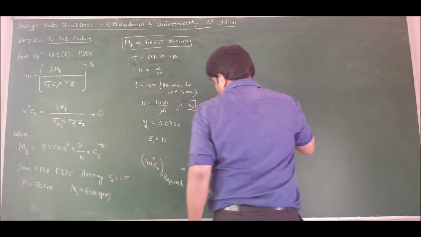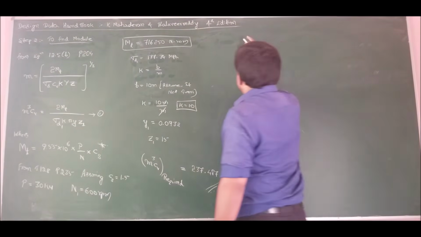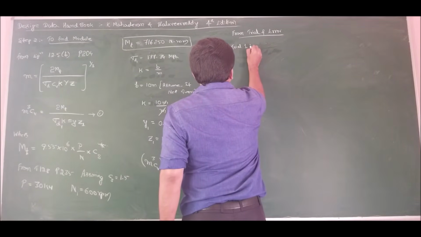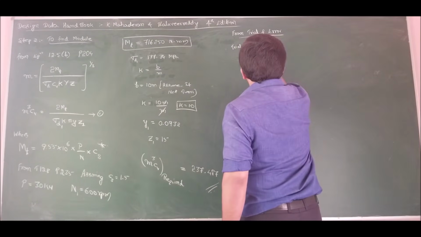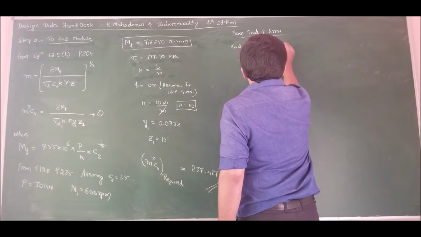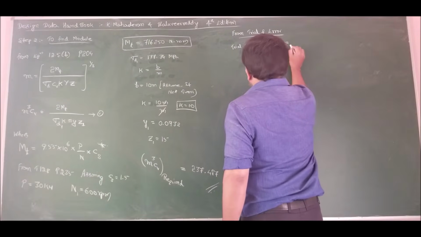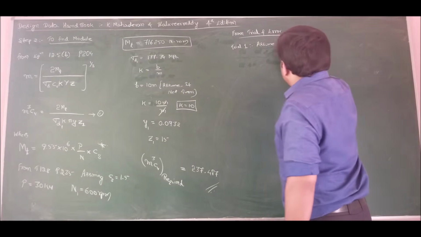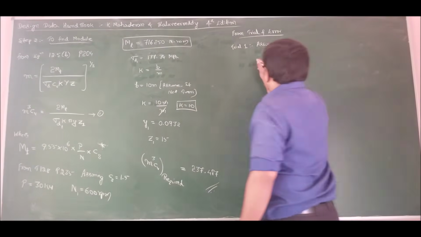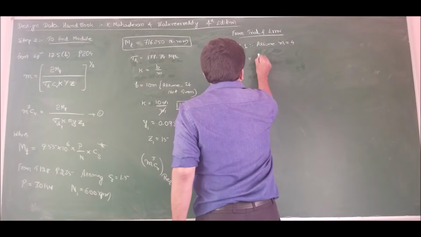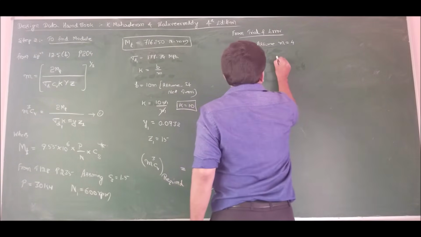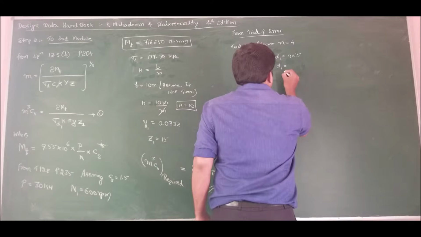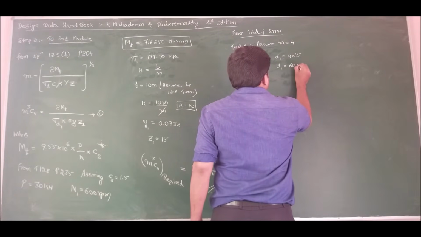Now to find the module from the trial and error method, for trial 1, assume module is equal to 4 millimeters. We know the formula for module: module is equal to D by Z. So D1 will become 4 into 15, therefore D1 will be equal to 60 millimeters.